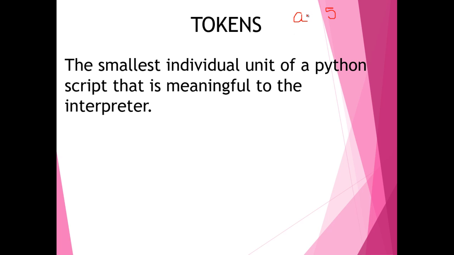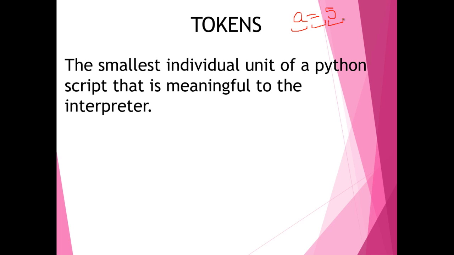This is a valid Python statement. In this statement, A is used, equal to is used, and 5 is used. So there are 3 individual units: one is A, the second one is equal to, and the third one is 5.